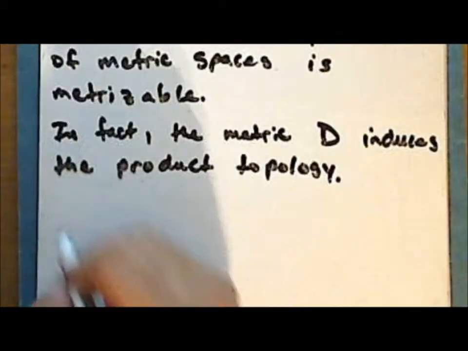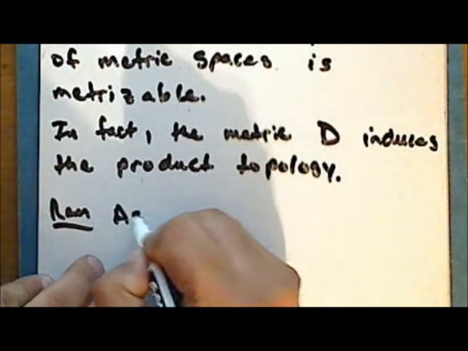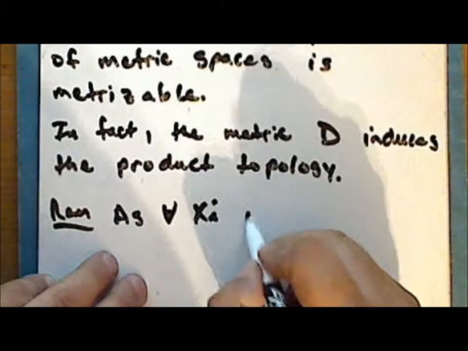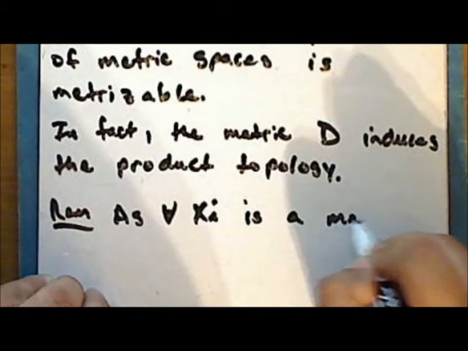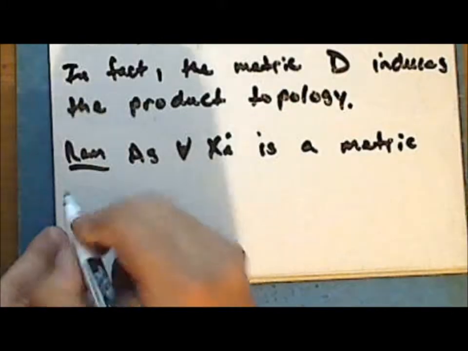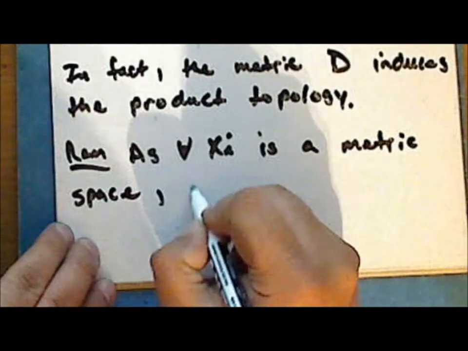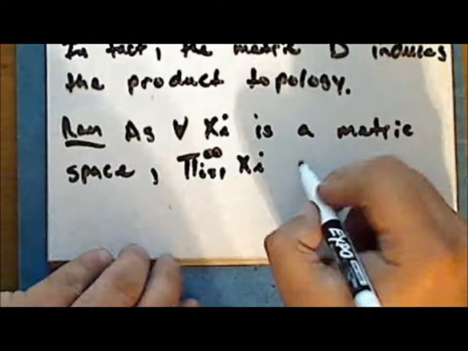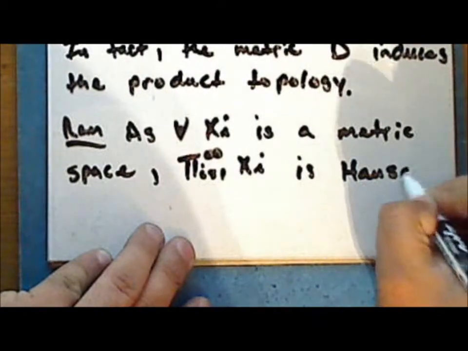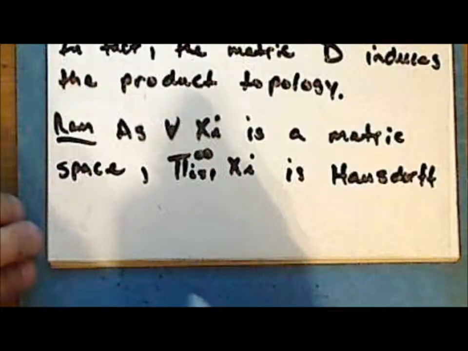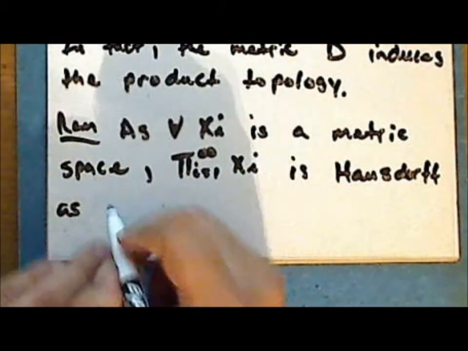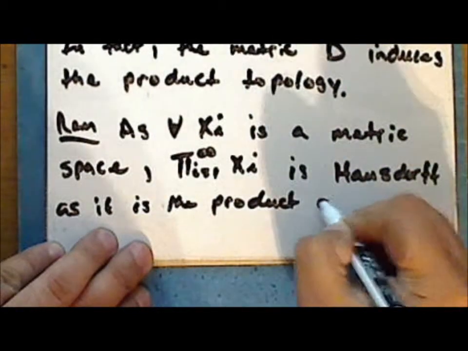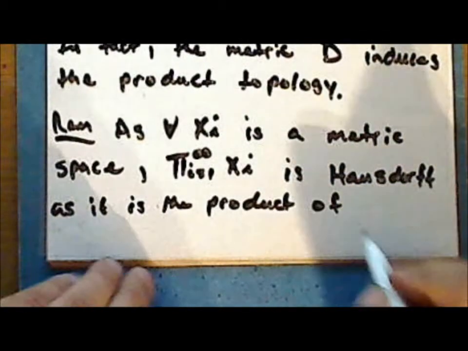Another thing to take note of is that as each space X sub I is a metric space, the countable product of these spaces is Hausdorff, as it is the product of Hausdorff spaces, as each metric space is Hausdorff.